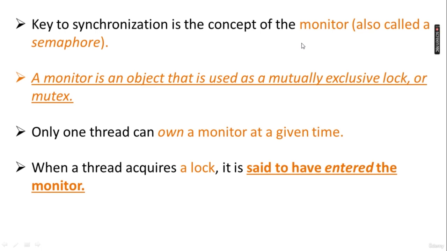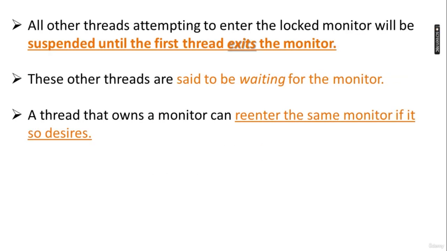You can think of a monitor as a small box. In that small box, when one thread has entered, no other thread can go into the box. Okay, that box is called the monitor. Only when a thread acquires a lock or a monitor, it is said to have entered the monitor.